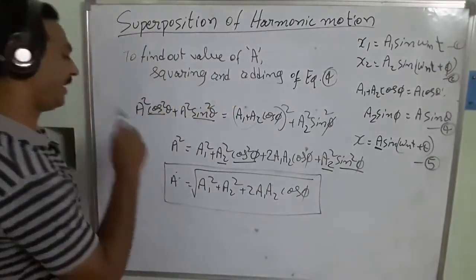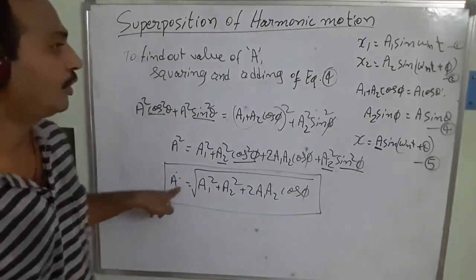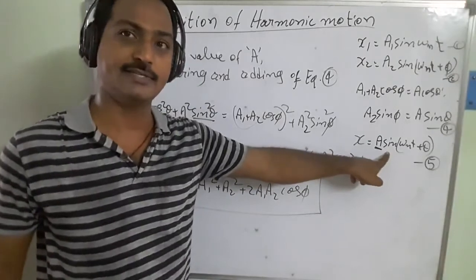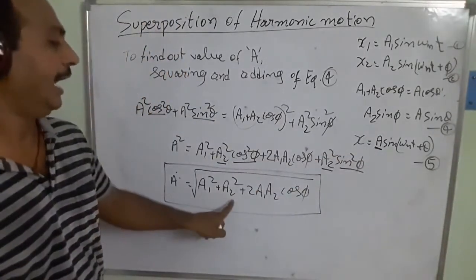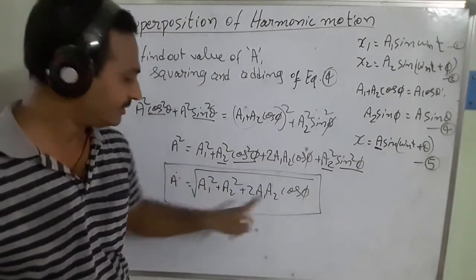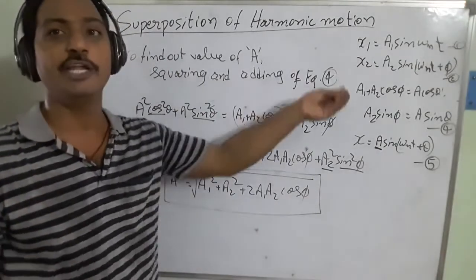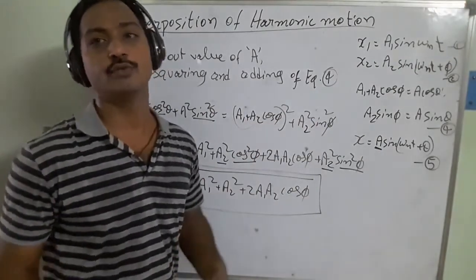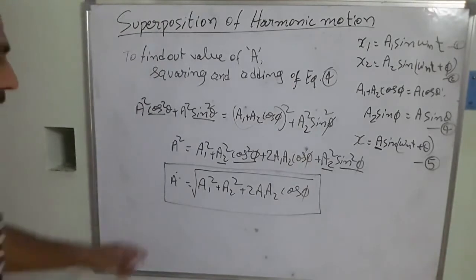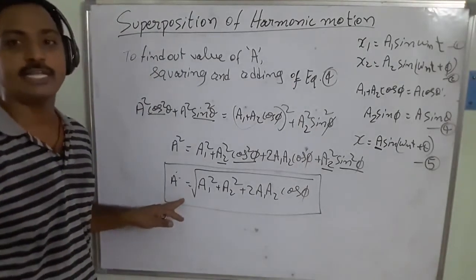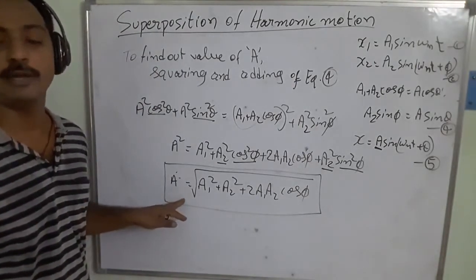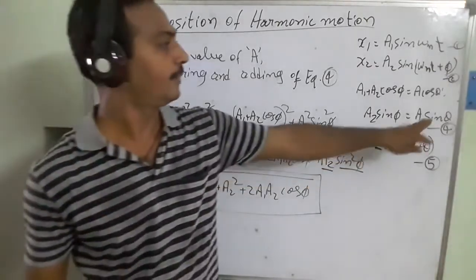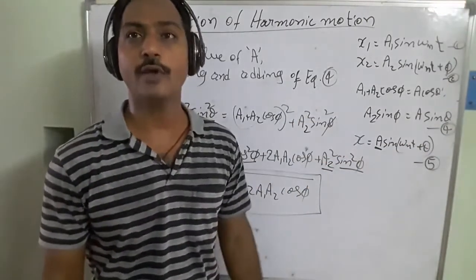We are going to find the resultant amplitude of this vibrating system with the help of A1, A2 and cos φ. These values we have seen for the initial displacements x1 and x2. Then how could you calculate the resultant phase difference? It can be determined by equation 4. From this equation, how could you calculate the theta value?